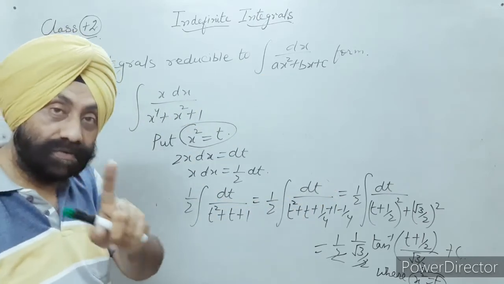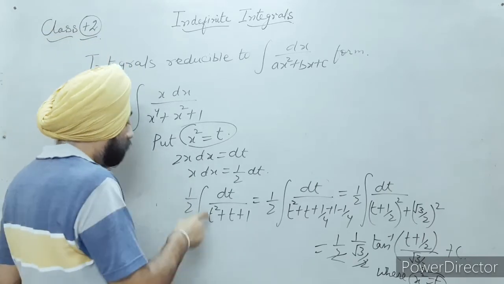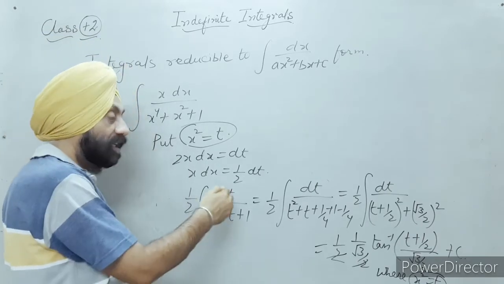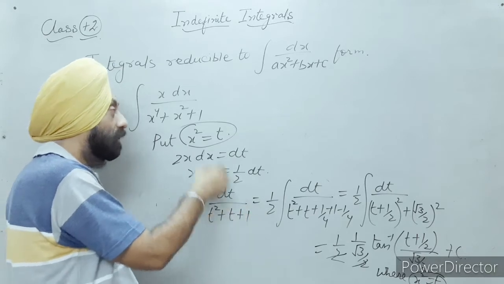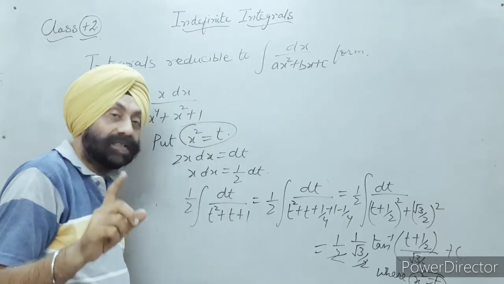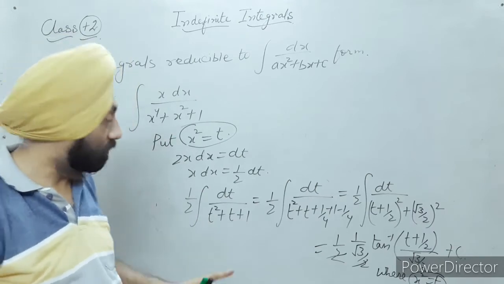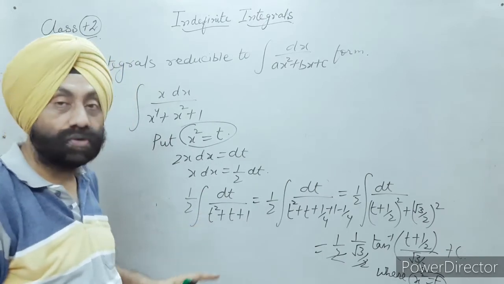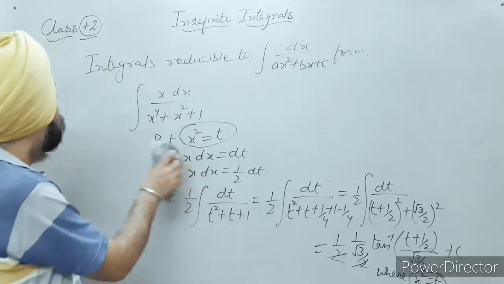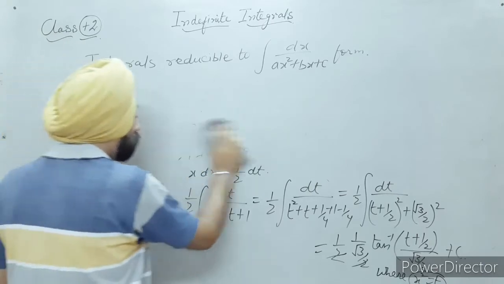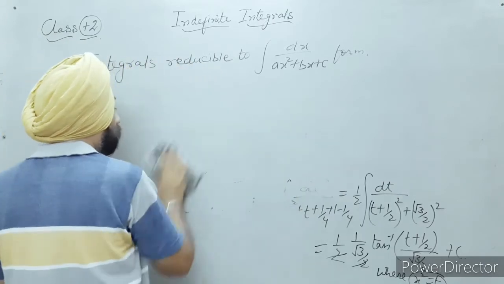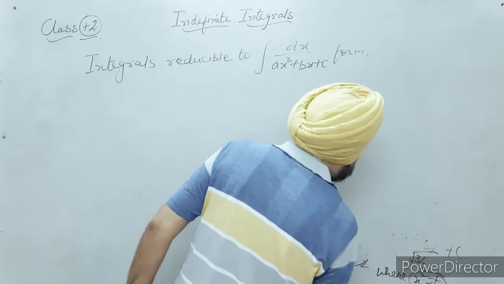And in this also make sure that the coefficient of t square, or of any variable in which you convert the given integrand, is 1. So the coefficient of t square should be 1. Right? Now I will do one more question so that the concept of this is very, very clear to you.